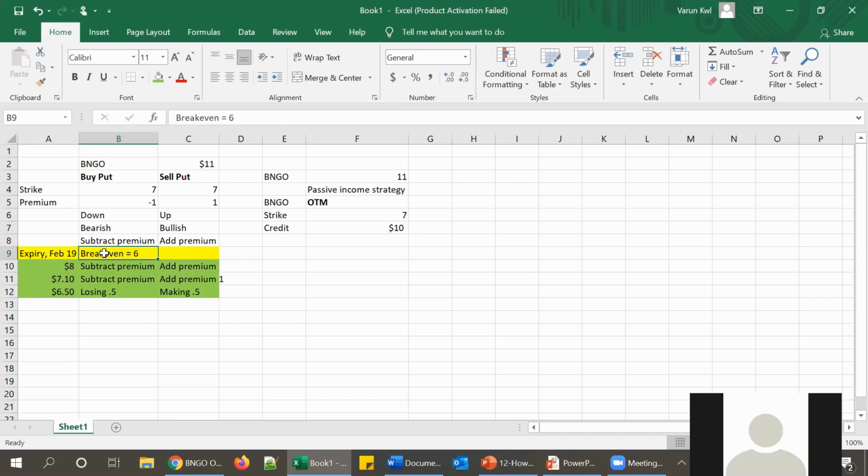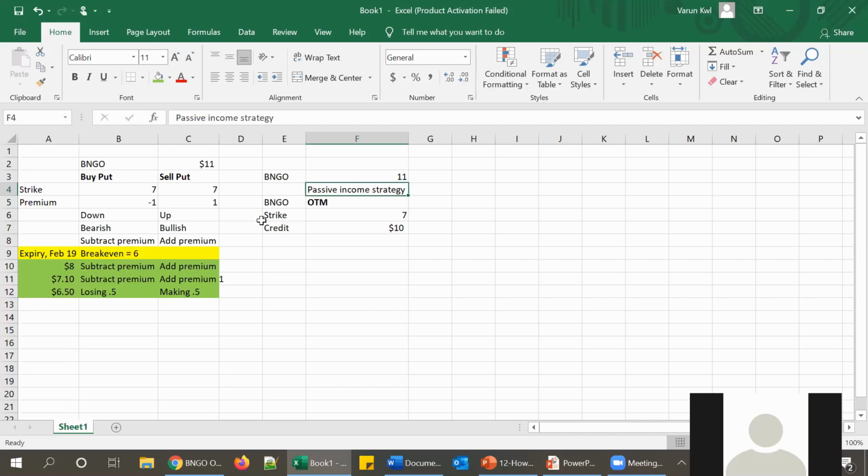Break even is at $6, which is even further. So in a passive income strategy, you are not playing a very risky game. While option selling is considered to be a risky proposition, what I'm trying to show you here is that you can remain far away from the market and still make some money.